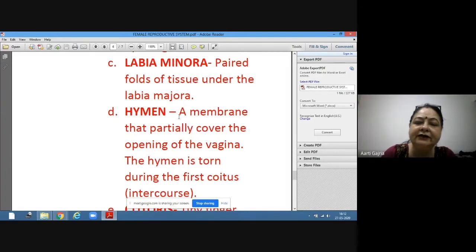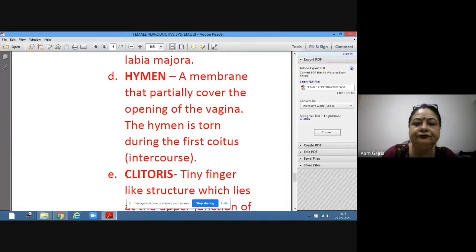Then there is another part which is called hymen. This is a membranous structure which partially covers the opening of the vagina.